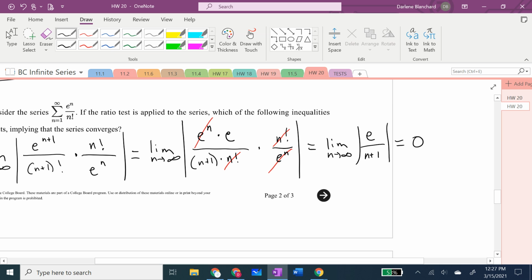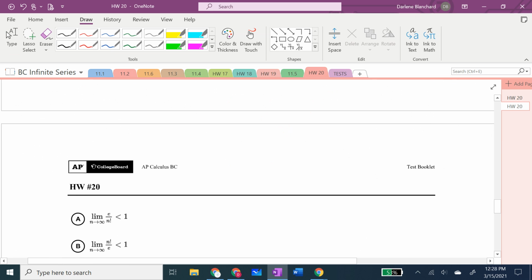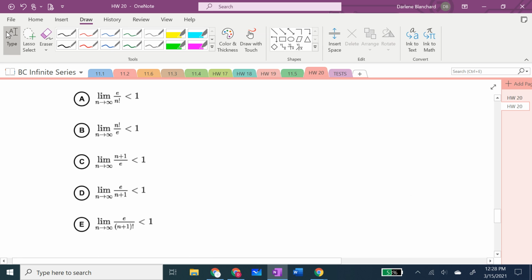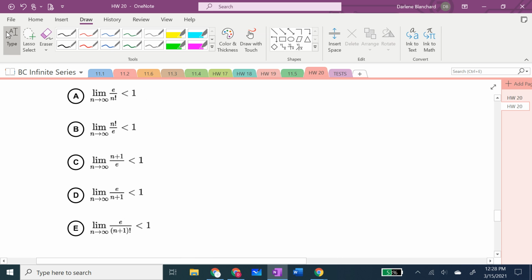If you're in a free response situation, you want to emphasize that because this answer is less than 1, we get converging by the ratio test. And then taking a look at the possible answers, we definitely needed to simplify to see that D was the limit we were solving.